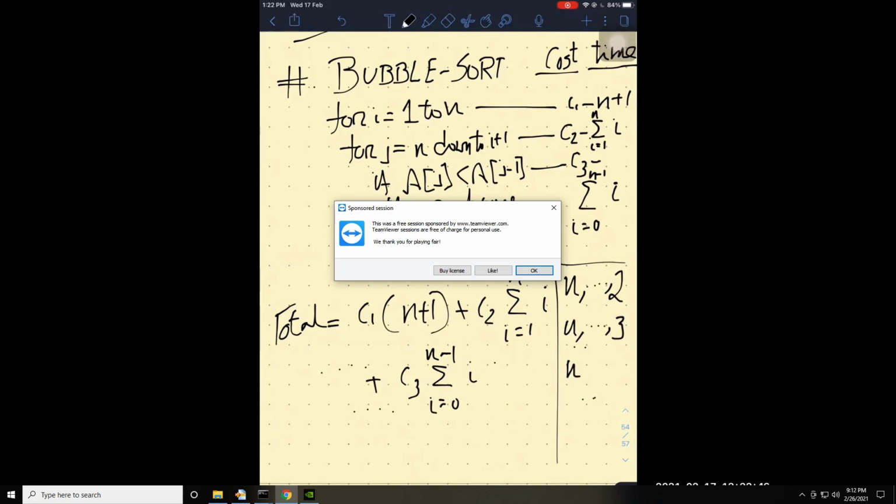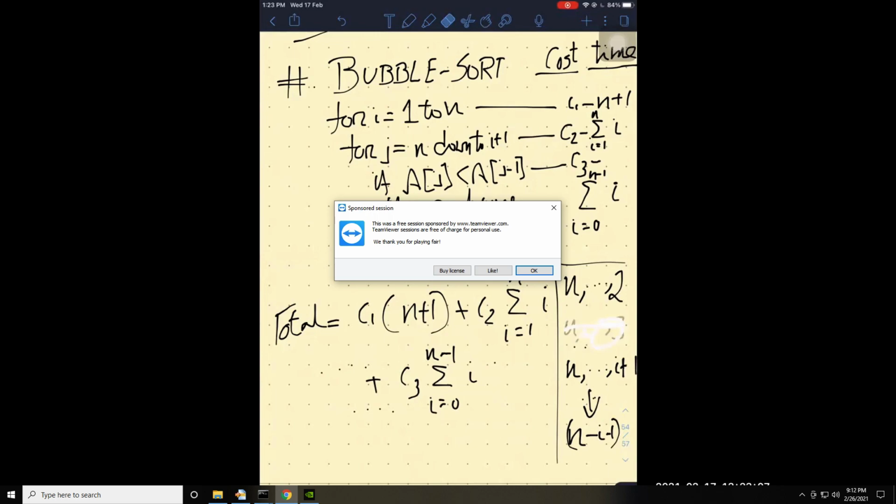In the general case, it will go from n down to I plus 1. So there will be n minus I minus 1 numbers in all of those cases.